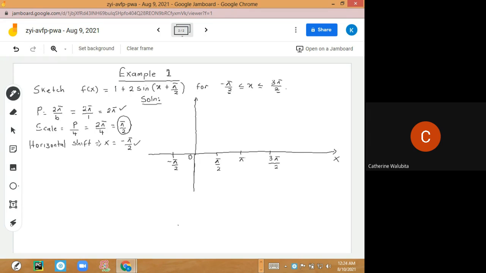So you always start from the horizontal shift.